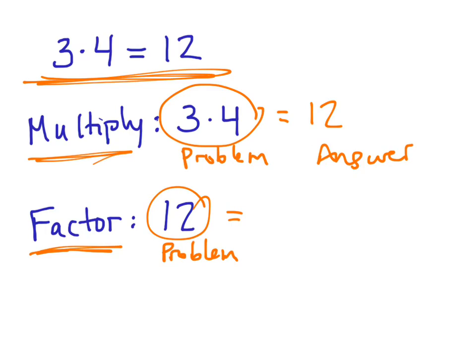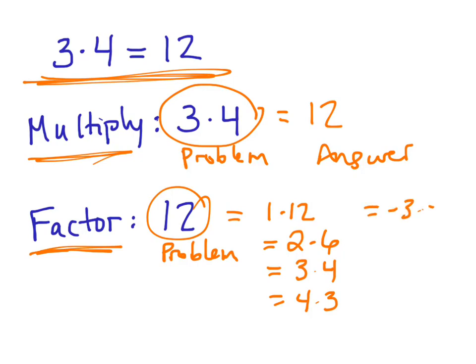I could say that 12 is 1 times 12, 2 times 6, or 3 times 4. And of course, I could reverse the order of all of those, for example, 4 times 3. And then I might also have to consider negative numbers, so I could do negative 3 times negative 4, and a couple different combinations there.